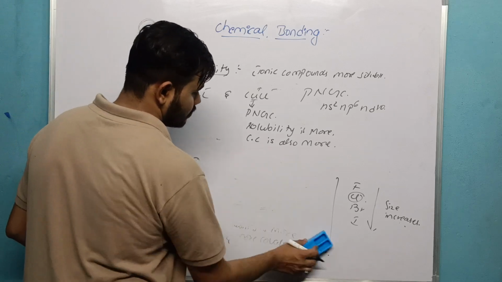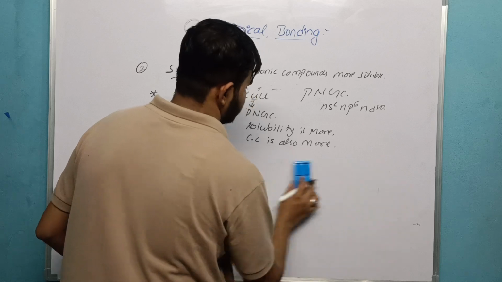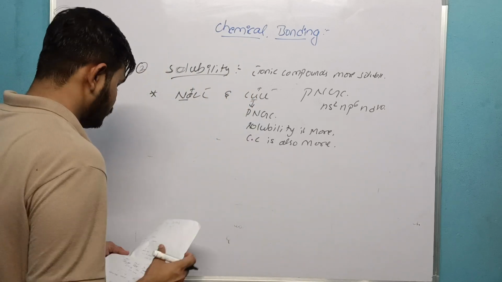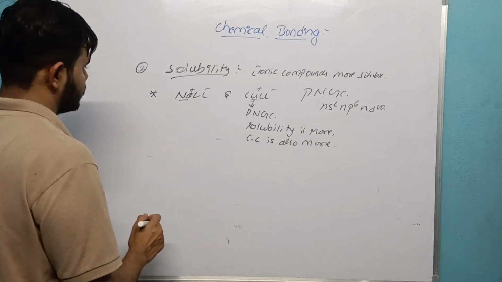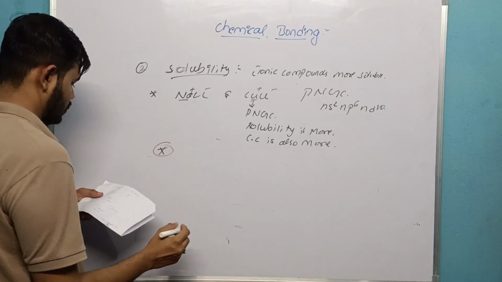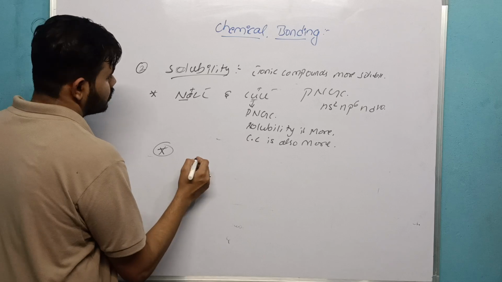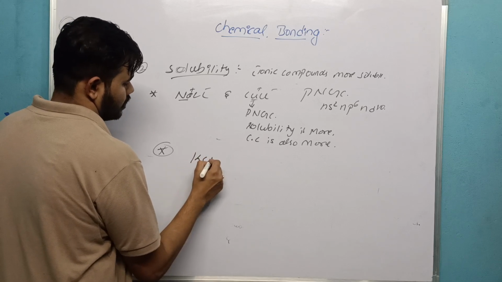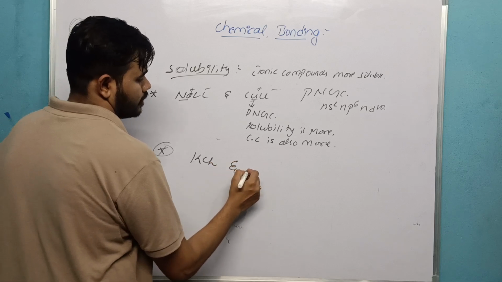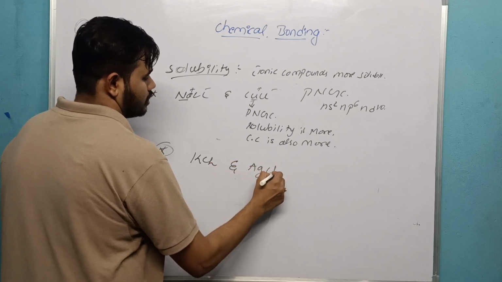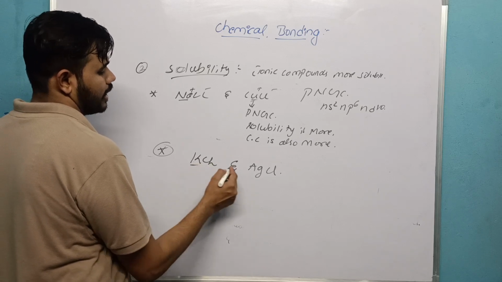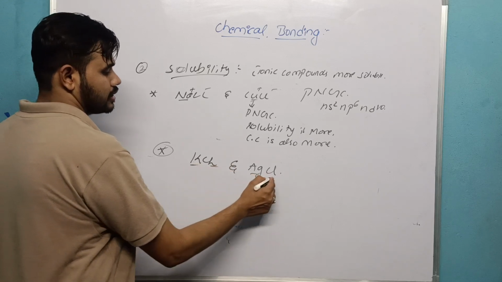Let's take another example. KCl and AgCl. See here, first of all the cations are different, the anions are the same.